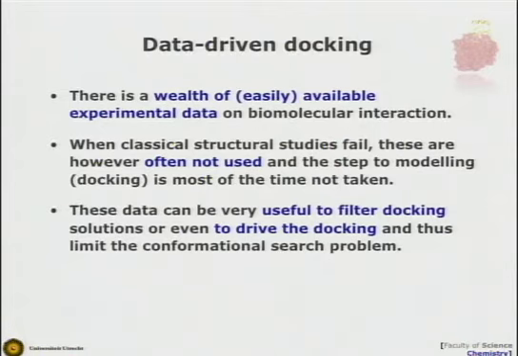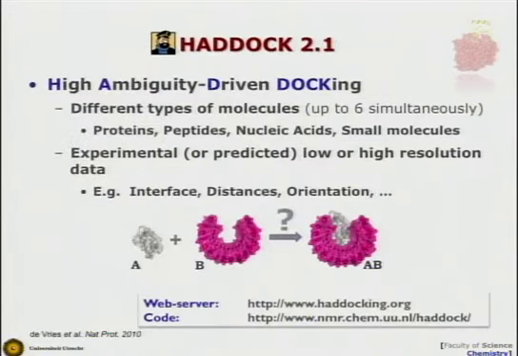So this is interesting information, and very often it is not used. If you can incorporate it in some way in your search for the solution, it allows you to drive the docking process. Or if you want to use still more ab initio types of methods, you can use the experimental information as a filter a posteriori to select models that fit your data.